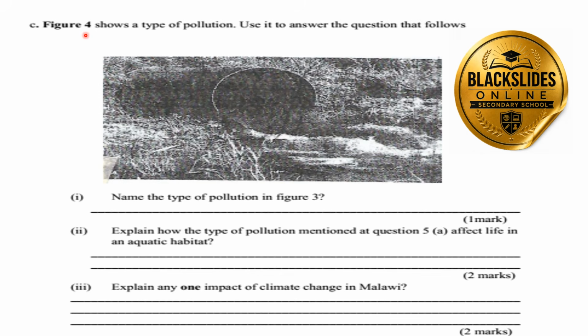Part C, figure 4 shows a type of pollution. We are asked to use it to answer the questions that follow. First, let's look at the diagram.